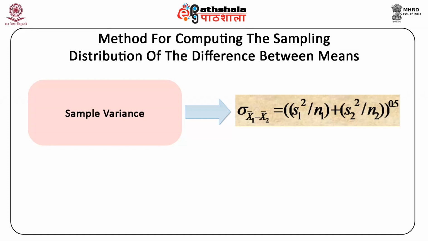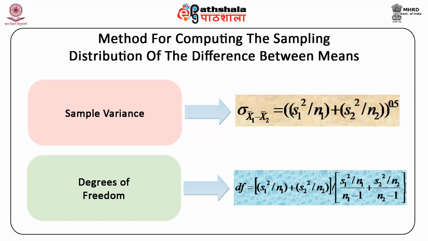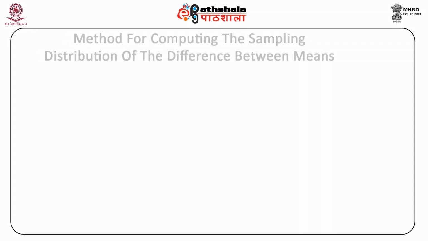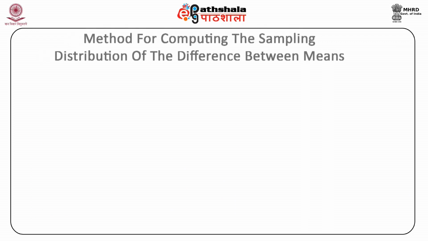In this more complicated case, the degrees of freedom is given by df is equal to (S1 square divided by n1 plus S2 square divided by n2) whole square, divided by [(S1 square upon n1) whole square divided by (n1 minus 1) plus (S2 square upon n2) whole square divided by (n2 minus 1)], where S1 square and S2 square are sample variances. We can illustrate this concept using an example.